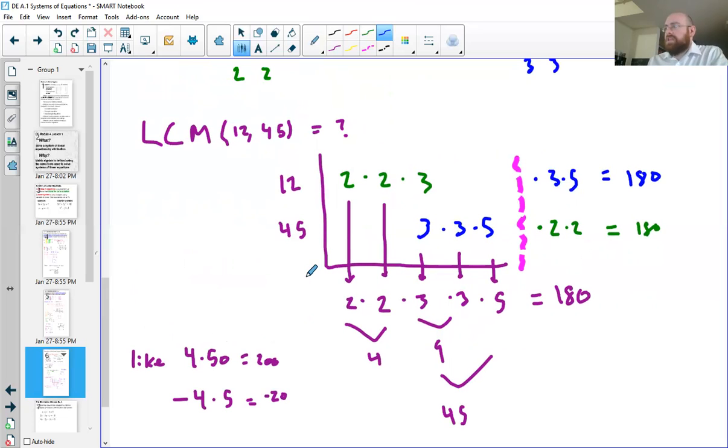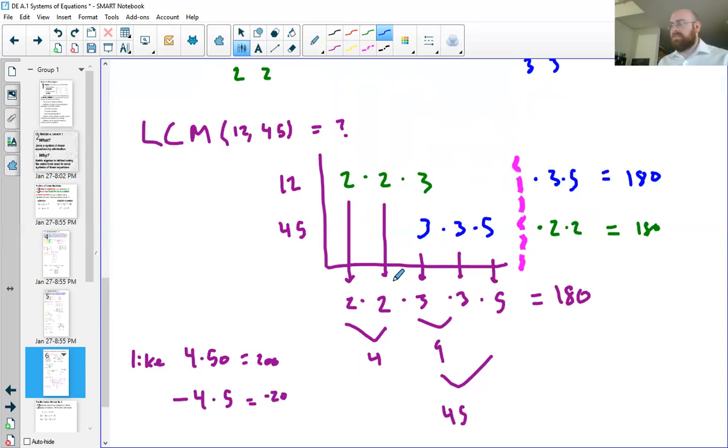So I feel like there's one other thing that I'd wanted to say about least common multiples, but yes, I do remember. So the first way I described a least common multiple was all of the prime factors, the smallest number of times they appear.